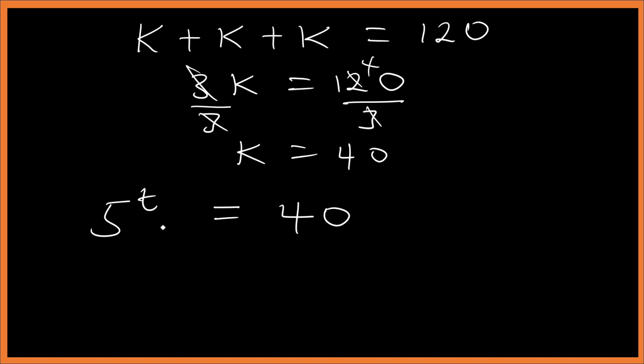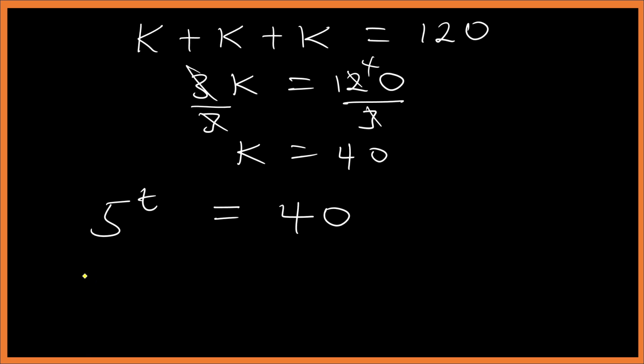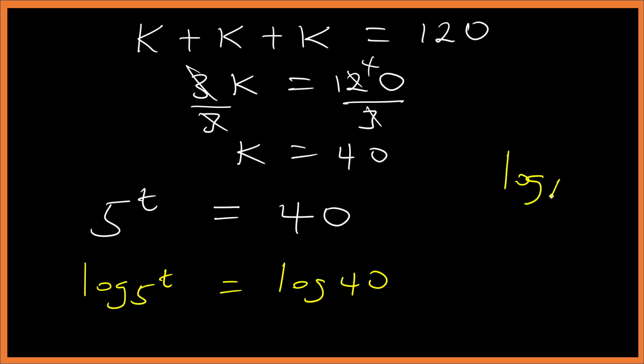Now, what do we do here? The only option is to take log on both sides. So this side will be log 5 exponent t, log 40. Okay. So log a exponent p is the same as p log a.